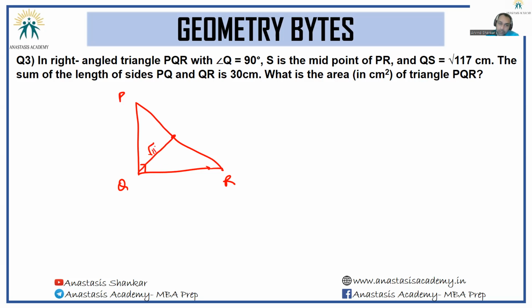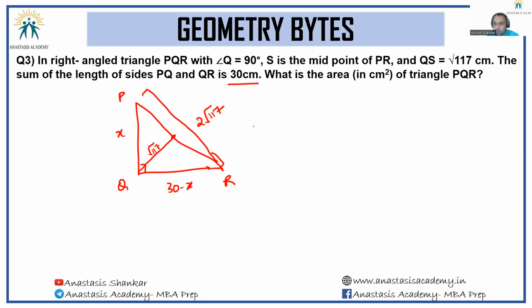If this is root 117, PR, the entire length, is equal to 2 root 117. This is the circumcenter. The sum of length of sides PQ and QR is 30. If this is X, this is 30 minus X. What is the area in centimeter square of triangle PQR?